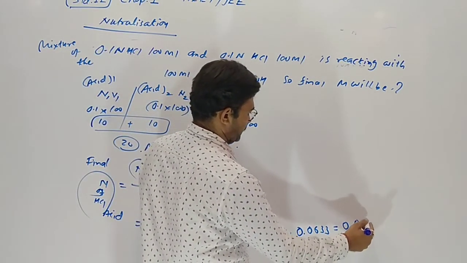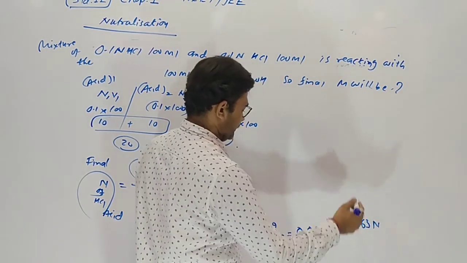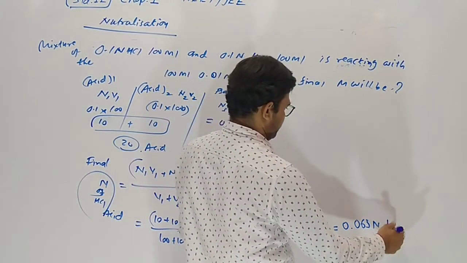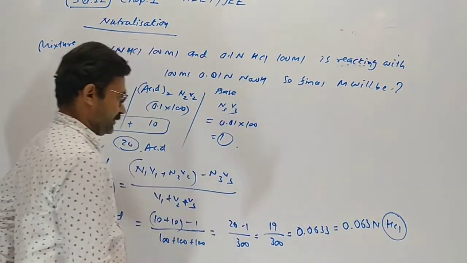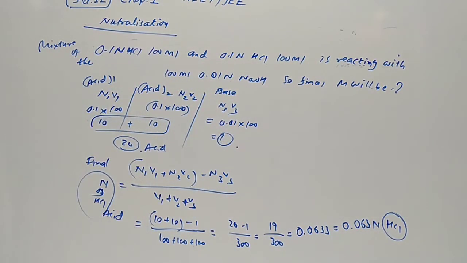Rounded off, 0.063 normality of HCl. Our final normality will be like this. This is the neutralization question.